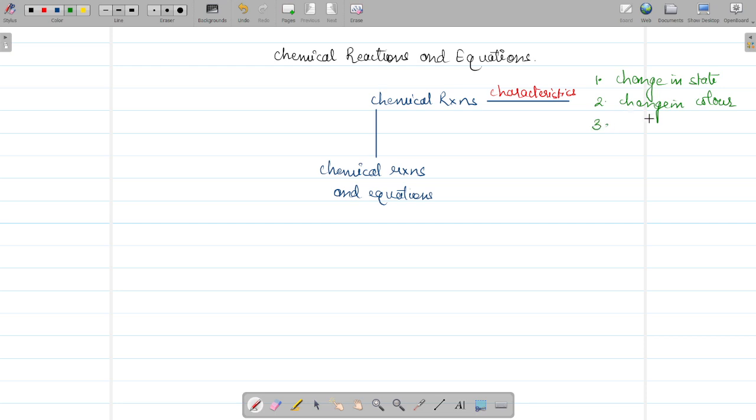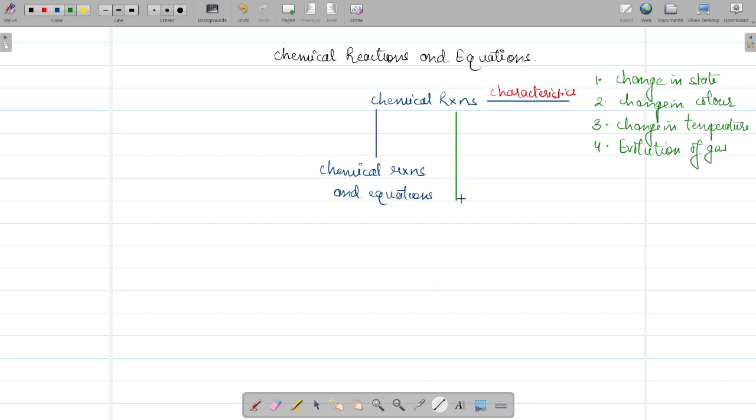Third, change in temperature. And the fourth one, evolution of gas. Now, if any of these four characteristics are coming in any chemical reaction, it means that yes, the reaction has taken place.